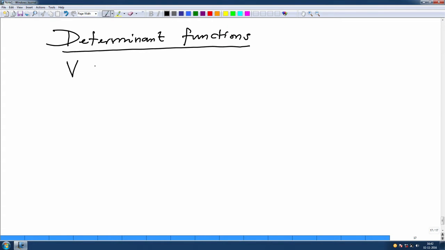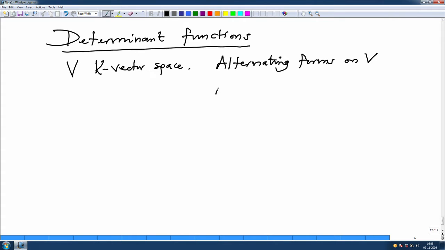Suppose V is a k vector space, and now I want to study, when I say functions, they mean forms. I want to study alternating forms on V. That means I want to study this object Alt^I(V, k).